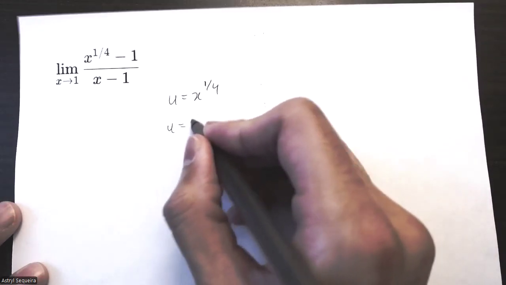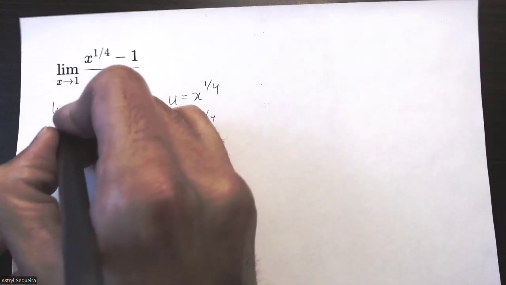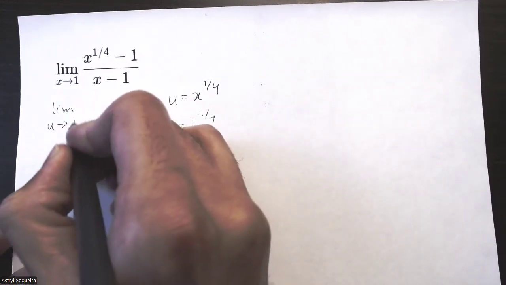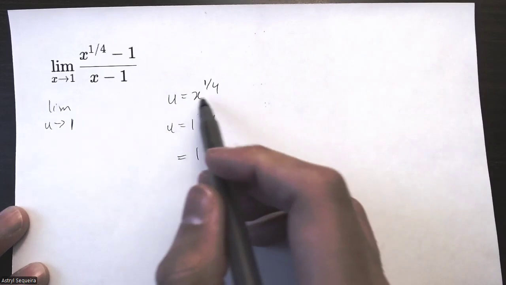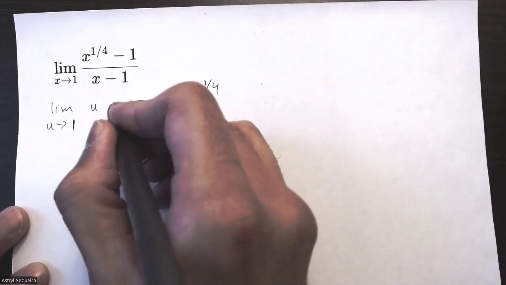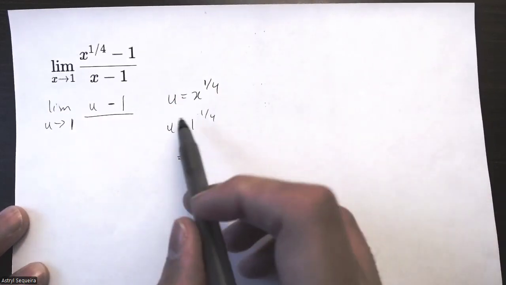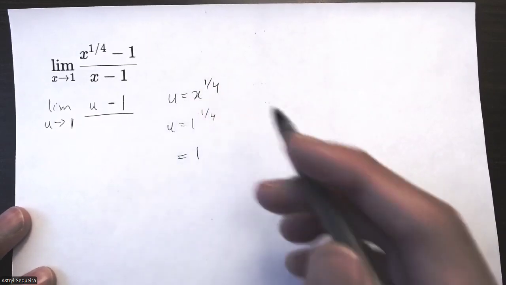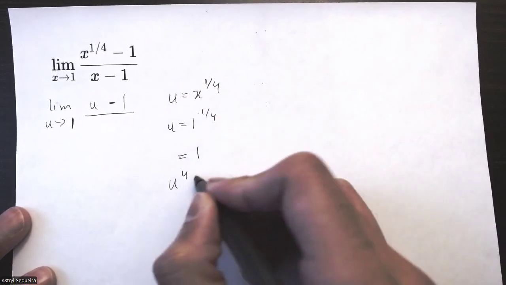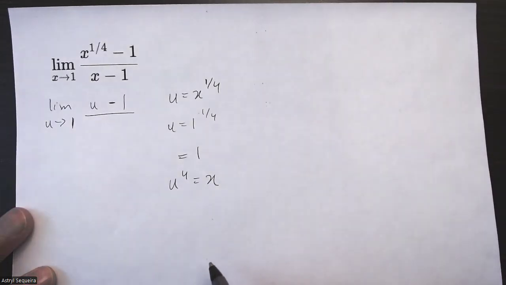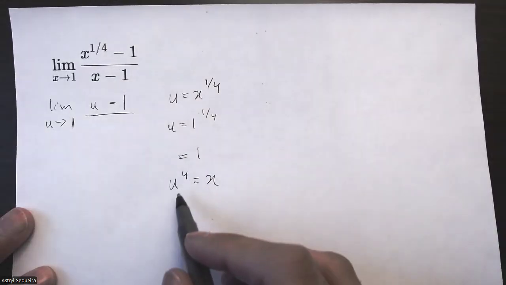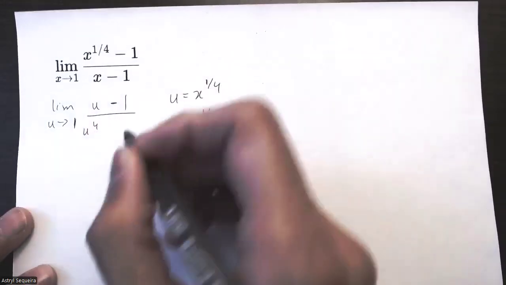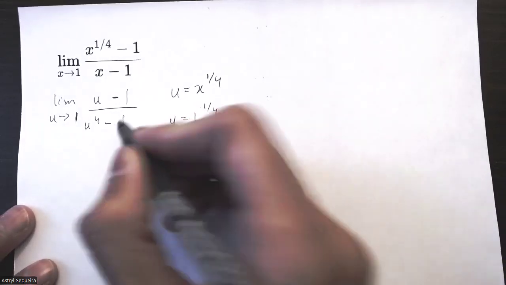So u equals 1 to the power of 1 over 4, which is just 1. So the limit is u approaches 1. I can replace x to the power of 1 over 4 with u. So I have u minus 1. And then let's isolate the x here. If I move the exponent to the other side, it's u to the power of 4 equals x. And now on the bottom, I can replace the x with u to the power of 4 minus 1.